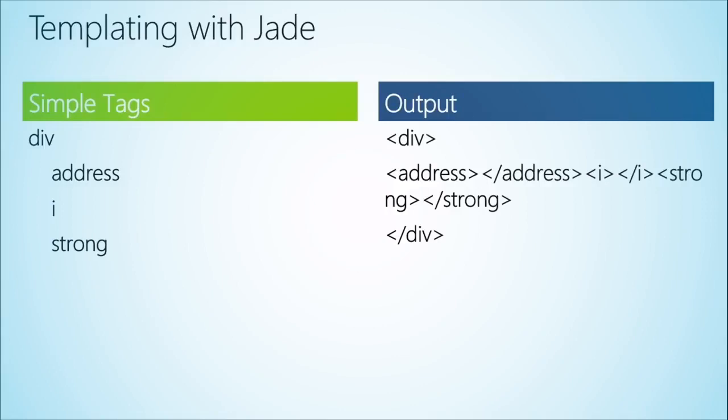You see that i, strong and address are all at the same level in terms of hierarchy, so they just follow one after another. And then the div closes, and it just assumes that. So I like how I say stuff, like super vague. I'm just going to say stuff. But it assumes that HTML structure and writes it for you. So some of the stuff that you're writing can be done very, very quickly if you're using templates.